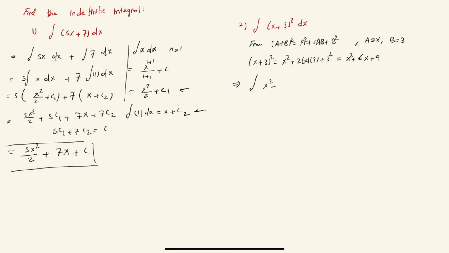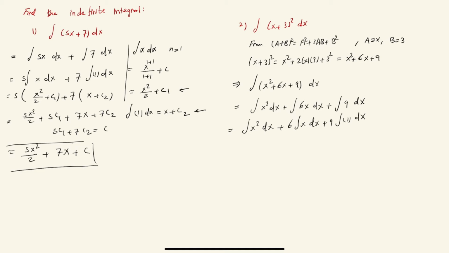So the integral is going to be equal to the integral of x squared plus 6x plus 9 dx. Now I'm going to use the properties of the sum, so that's going to be the integral of each of these terms. Now I'm going to pull the constant out of the integral from the second and the third integral.